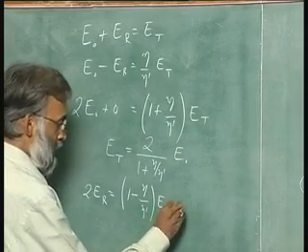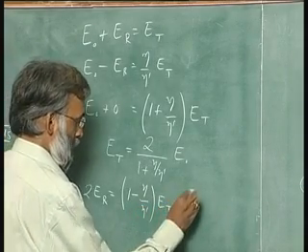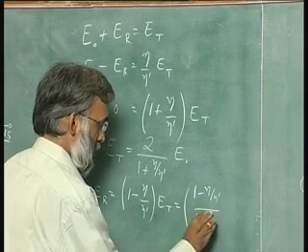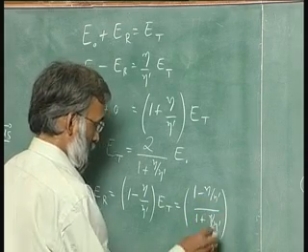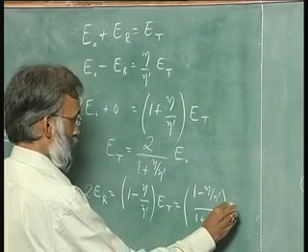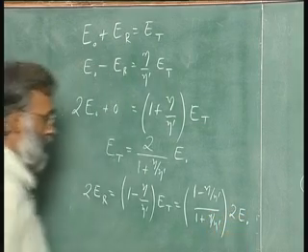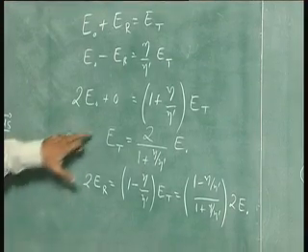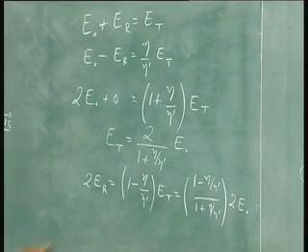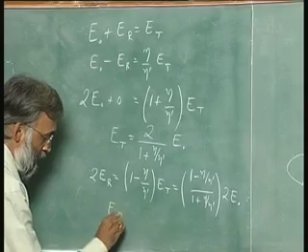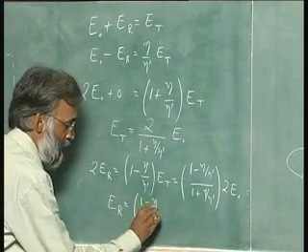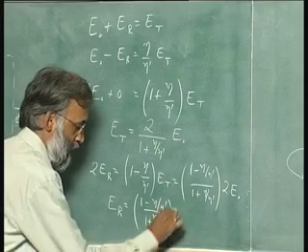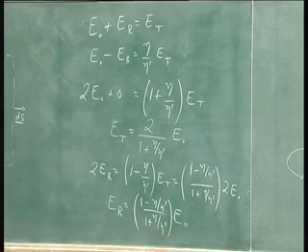So, this can be written as 1 minus eta over eta prime over 1 plus eta over eta prime times twice E naught. So, these two equations allow me to solve the whole problem, because it gives me E r is equal to 1 minus eta over eta prime over 1 plus eta over eta prime E naught.